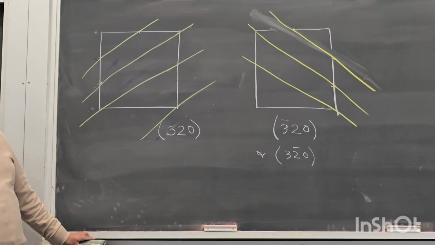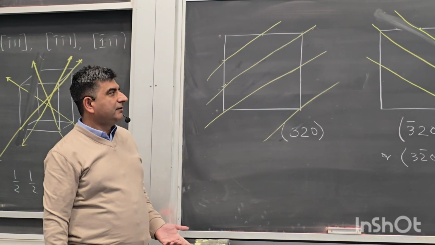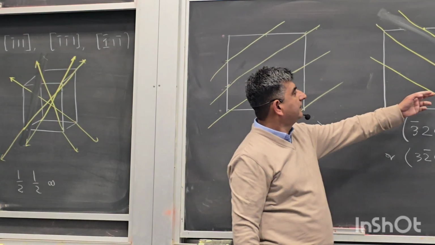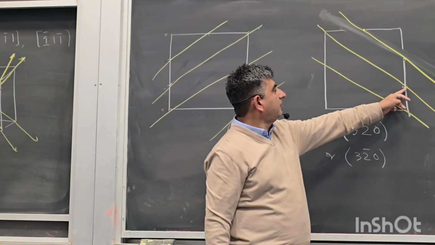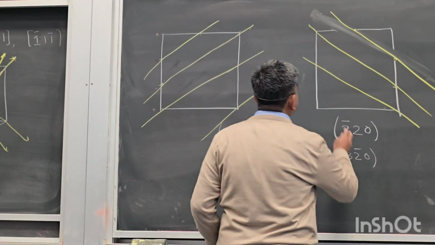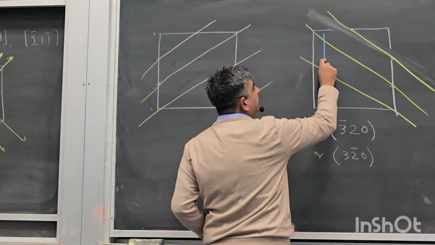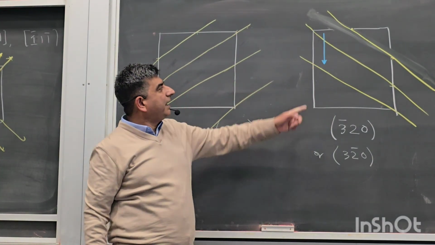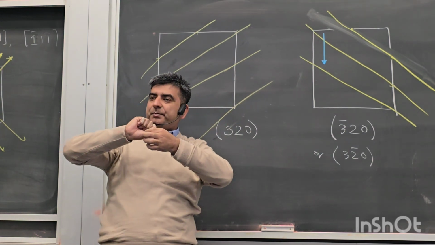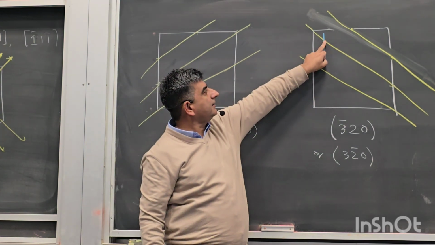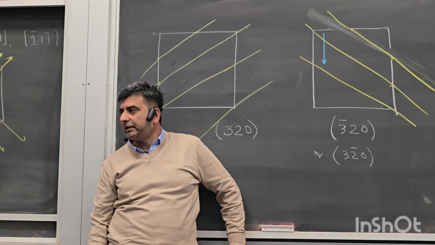Now, where does this negative sign come from? An easy way to remember this, there are two ways. First of all, you see where this plane is. Suppose this is my origin, I start from the origin, I am going to move along the A axis. So I cut the plane, it's like a needle that is piercing a piece of cloth. I cut that plane from the top, right?